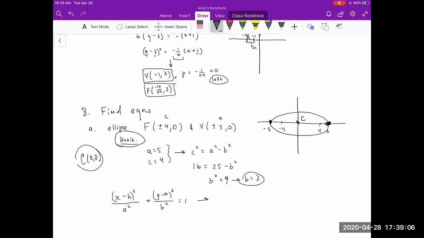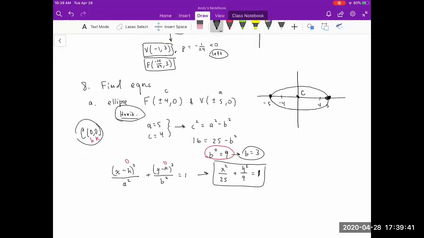Plugging in everything we just found, notice h comma k here are each 0, so we don't need those. So we just get x squared over a squared, which is 25, plus y squared over b squared, which is 9. The funny thing is we didn't really need b, we just needed b squared. But anyways, there we go, we found the equation.